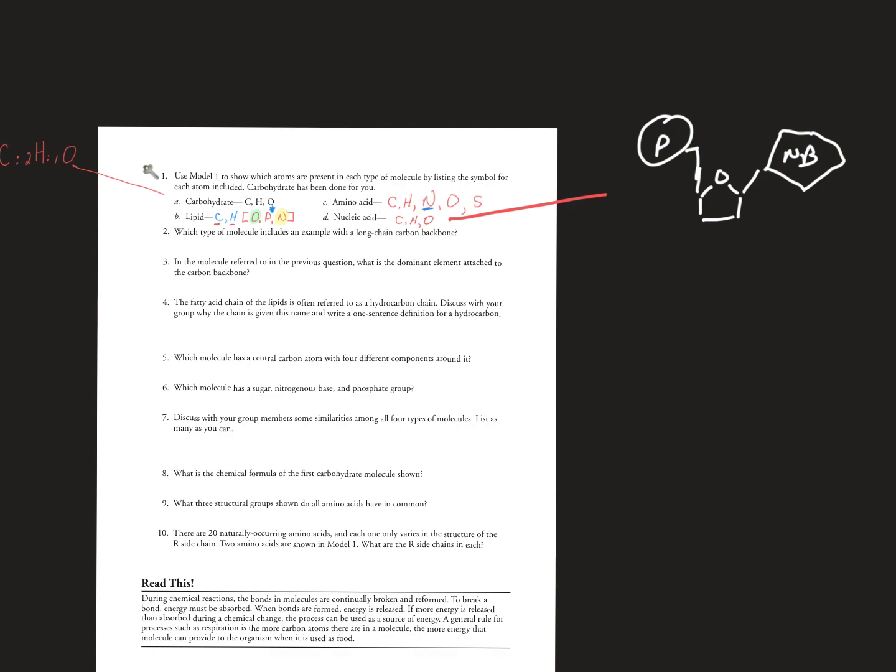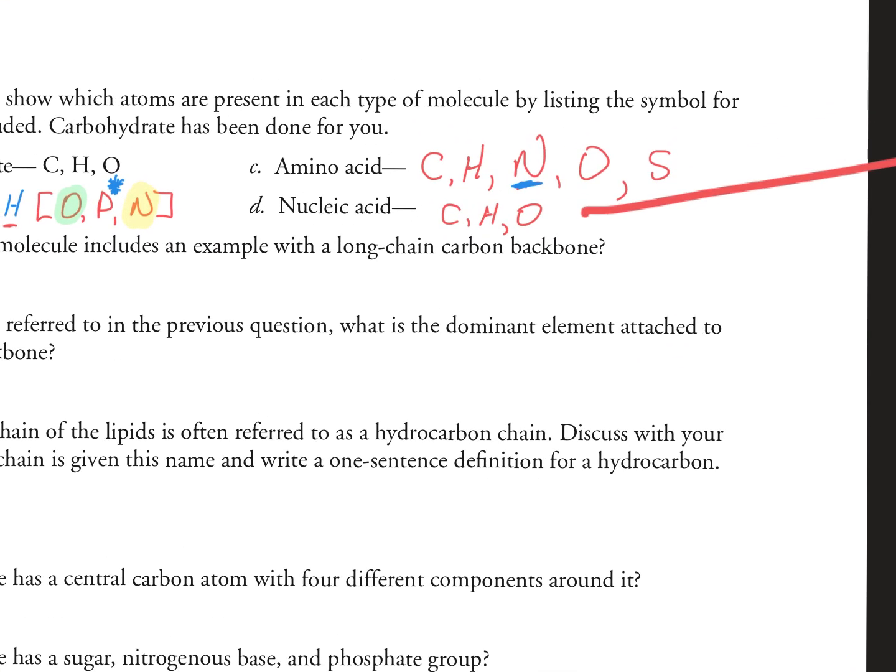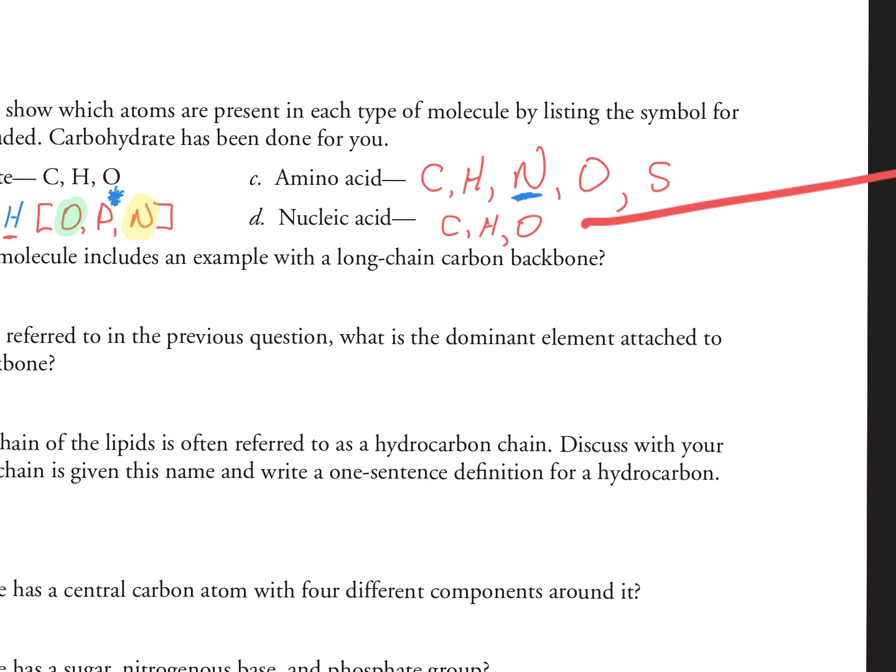So when you're dealing with nucleic acids, you're going to have carbon and hydrogen and oxygen, because you have a carbohydrate as part of the structure of the monomer, but you also have nitrogen and phosphorus.